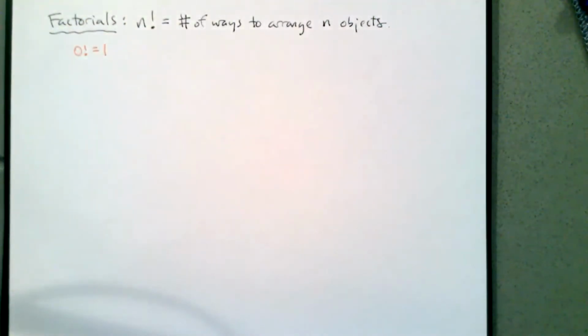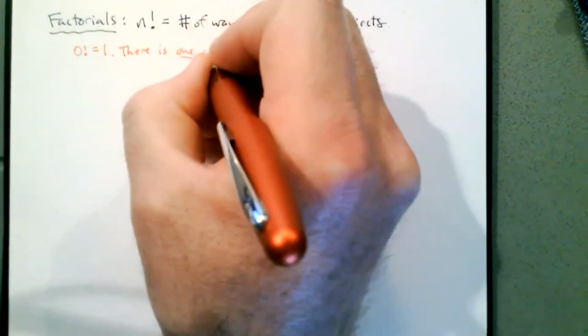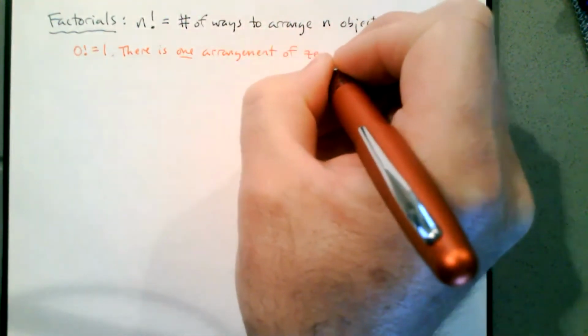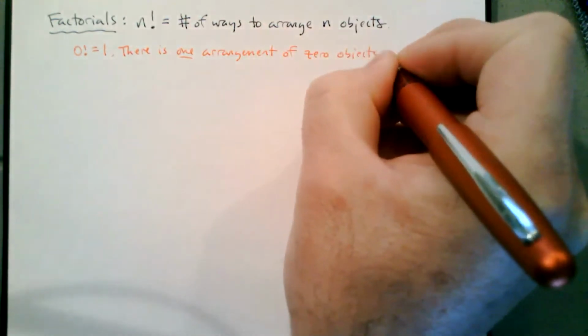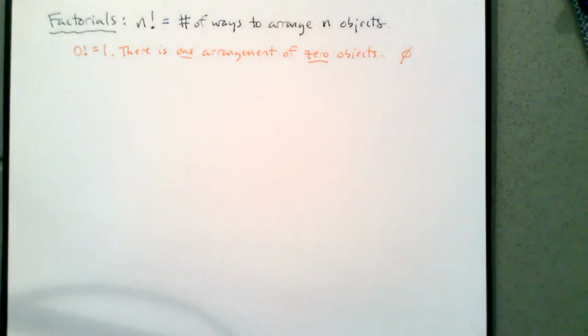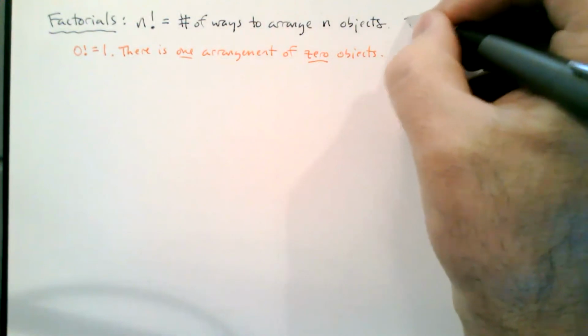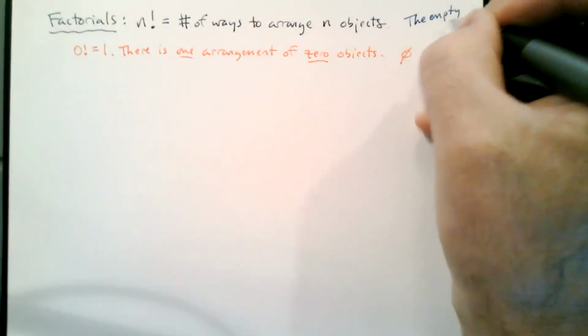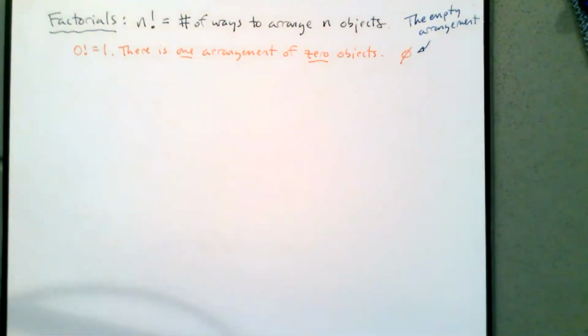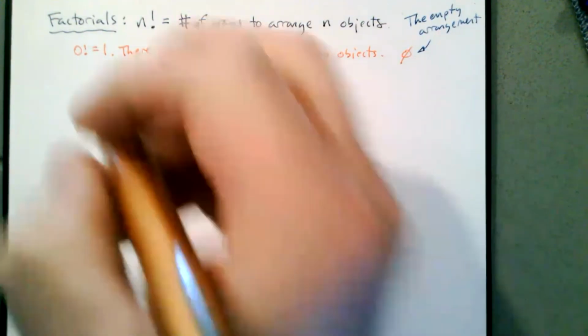0 factorial is equal to 1. There is one way to arrange 0 objects, the empty arrangement. 1 factorial will equal 1.